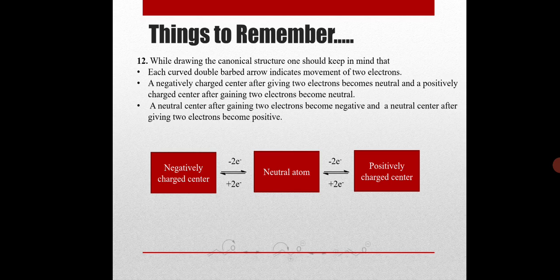Let us understand this with an example. This is the same example which we have done earlier, alpha beta unsaturated ketone. Now what has happened to this?